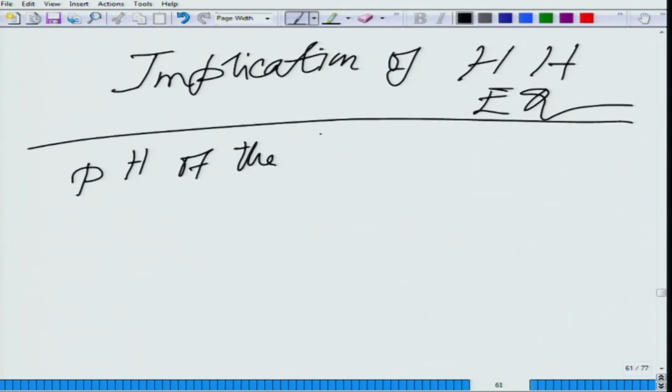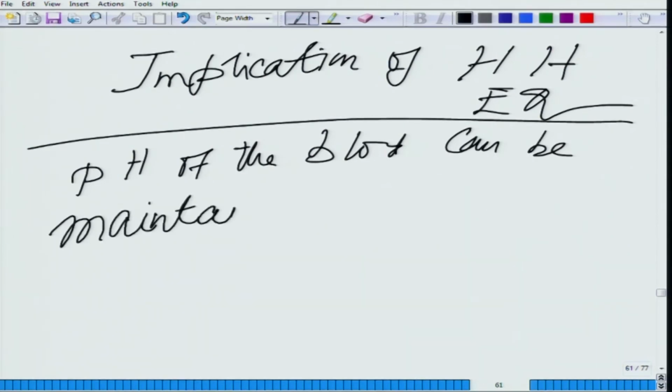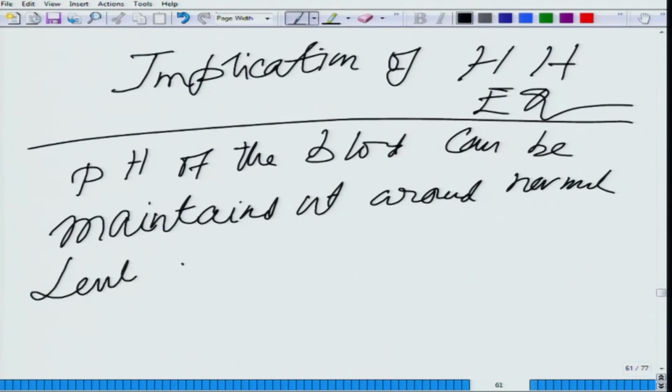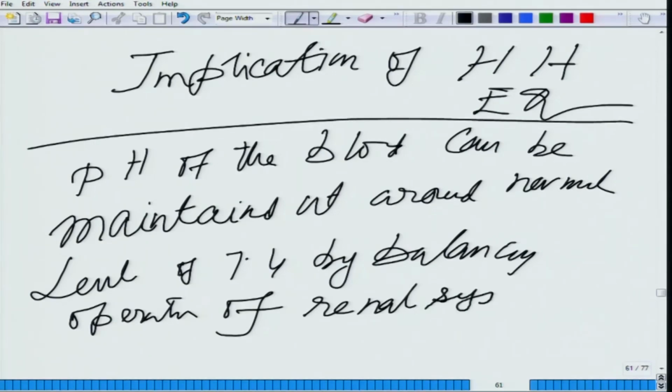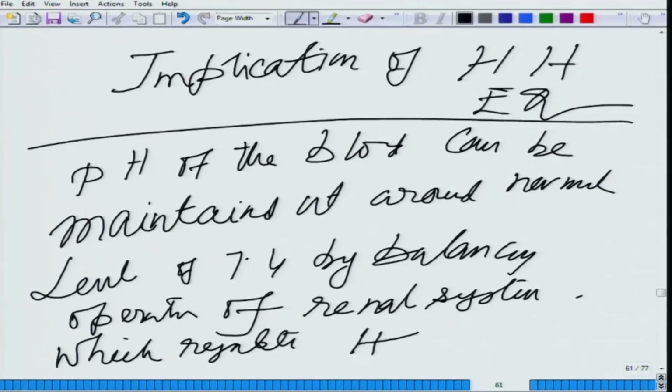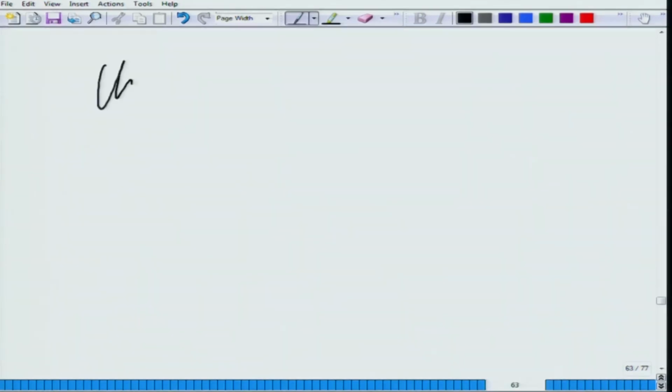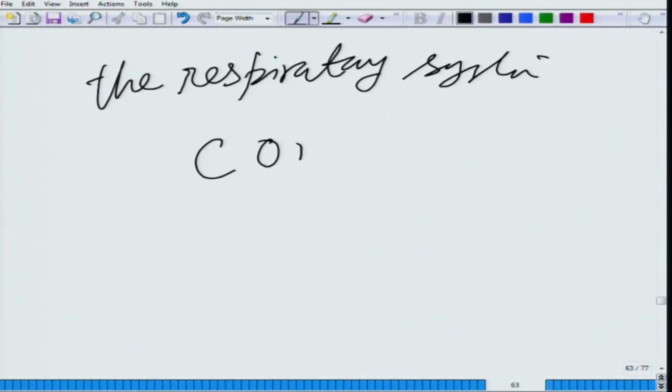The pH of the blood can be maintained at around the normal level of 7.4 by the balancing operation of the renal system, which is your kidney system, which actually regulates the HCO3 minus concentration, and the respiratory system, which regulates your carbon dioxide concentration.